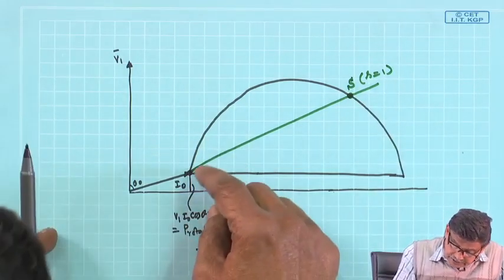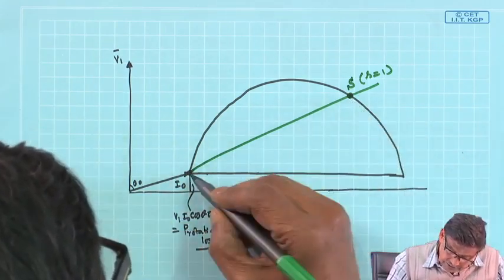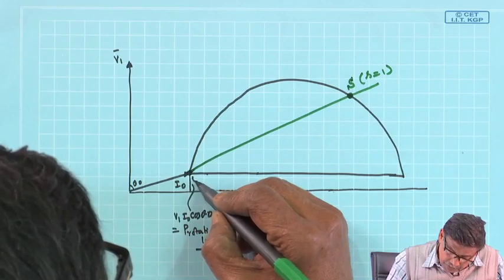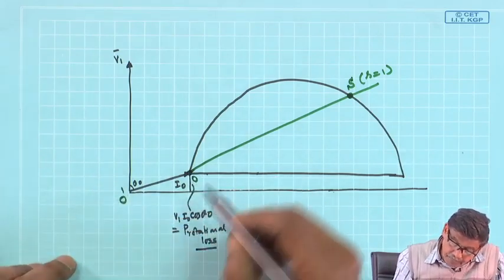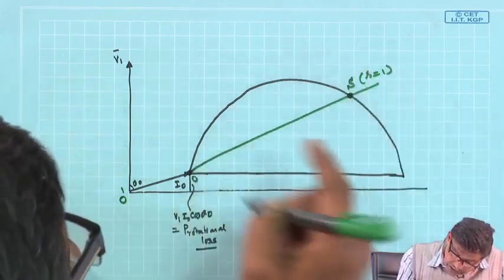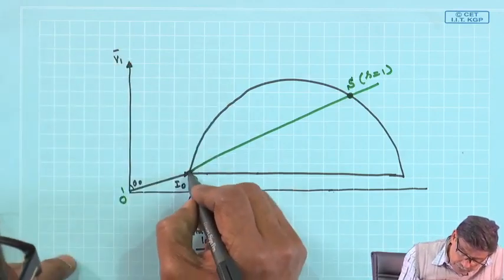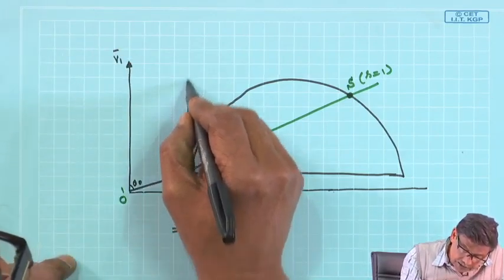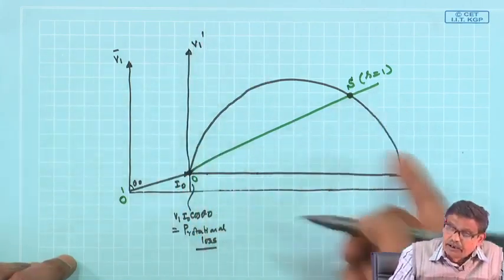Mind you, this current, that is OS, let this point be called O, this is some O dashed. So, the power factor of that parallel branch, if you draw V 1, the same voltage is applied to the parallel branch. I can also draw V 1 dashed here to get I 2 dashed.